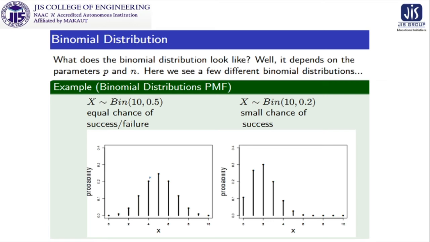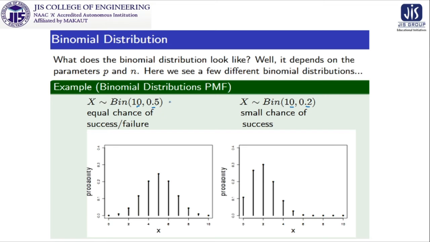Now our question is, what does the binomial distribution look like? It is the visualization part. Now we are entering it. So look at this. If we take 10 and 0.5, where 0.5 is p and 10 is the number of trials, and in the next case it is 10, 0.2.